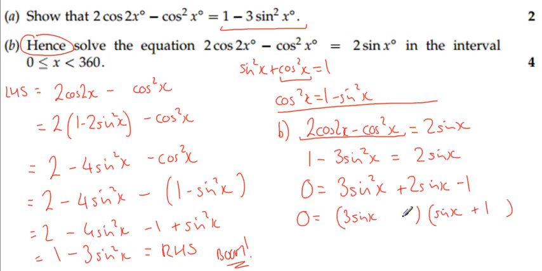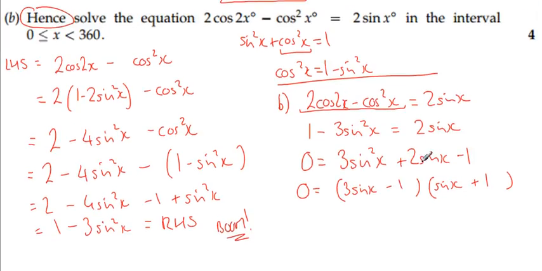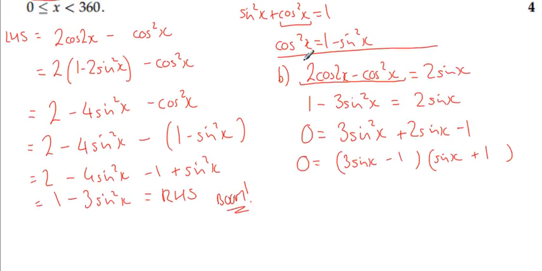Plus 1 and minus 1 there. And then solving both strands. That first strand will give you sine x is equal to a third. That second strand will give you sine x is equal to negative 1.